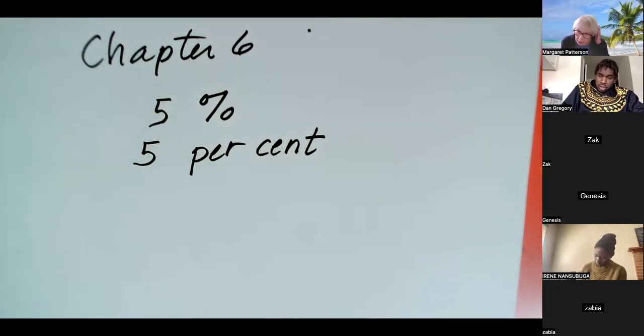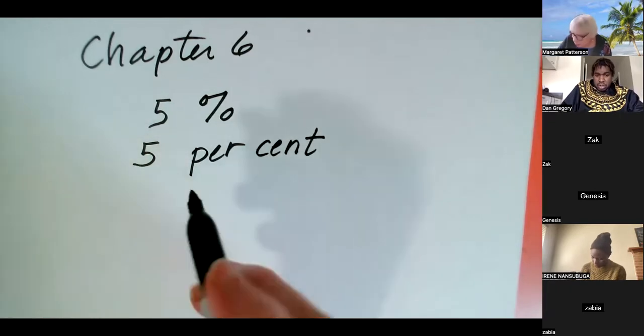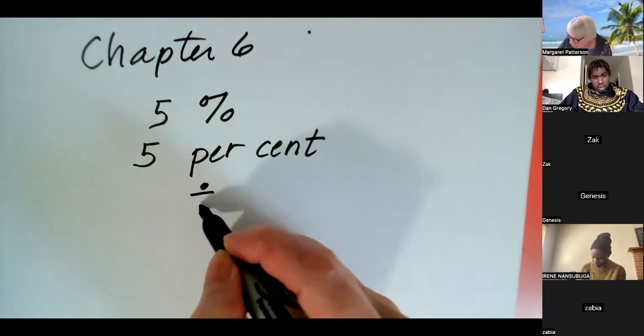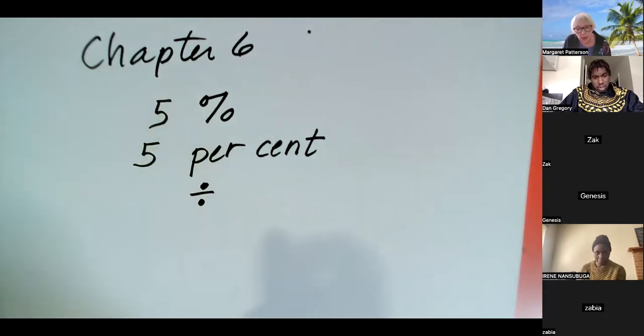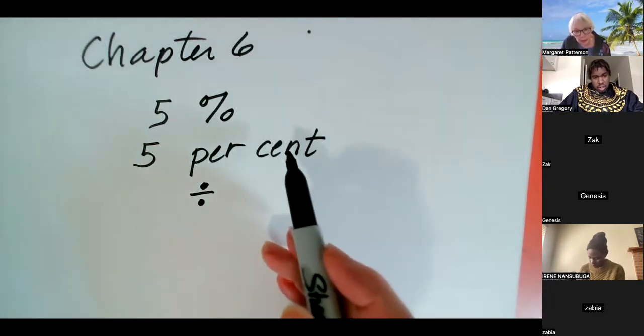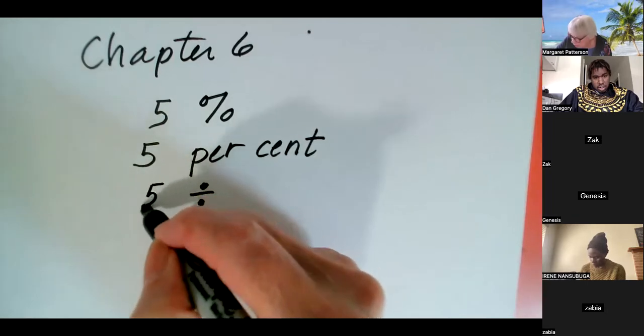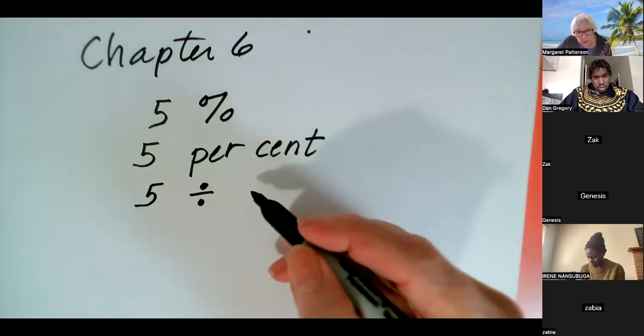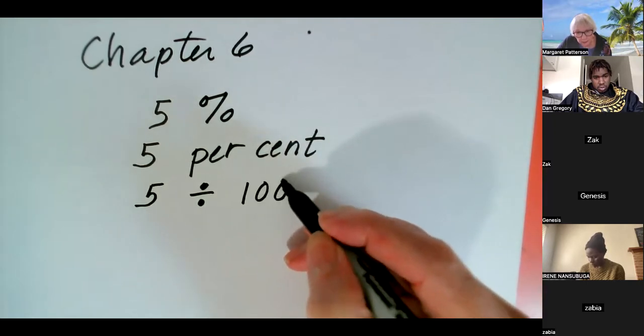So if the sales tax was 5%, which it's not, but let's say it was, the word per, when it's between 2 numbers, means divide. So the literal translation of 5% would be 5 per, which is divided by, cent, which is 100.